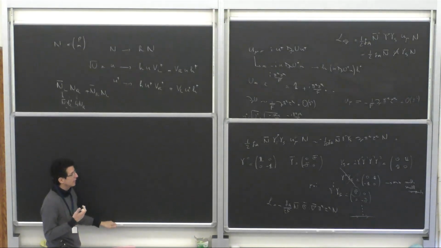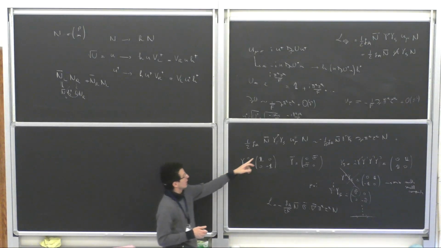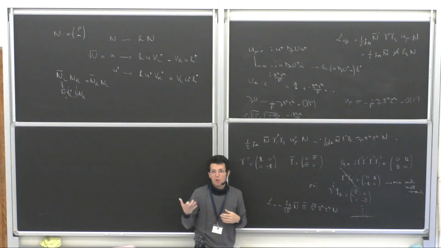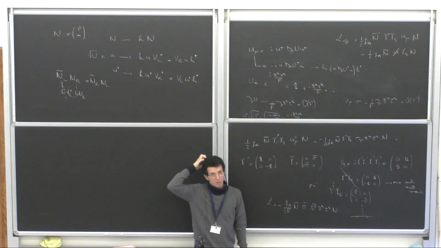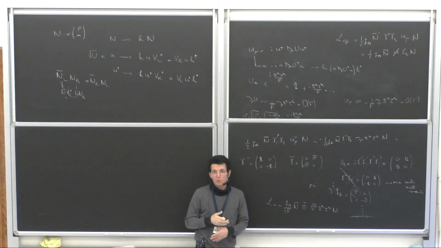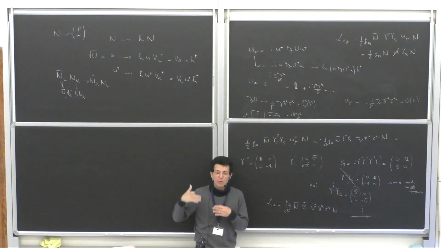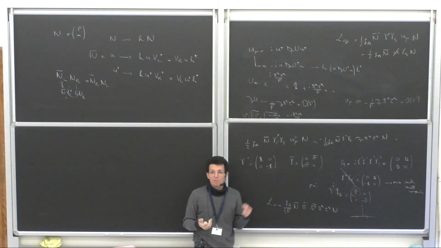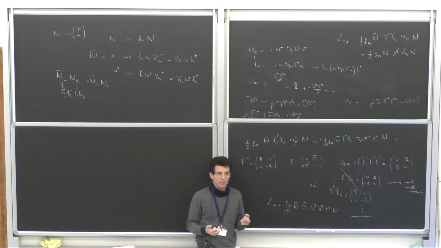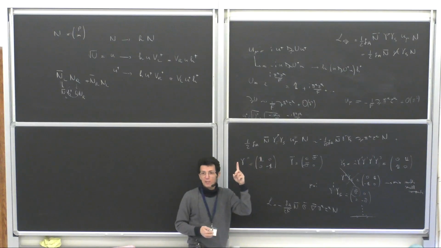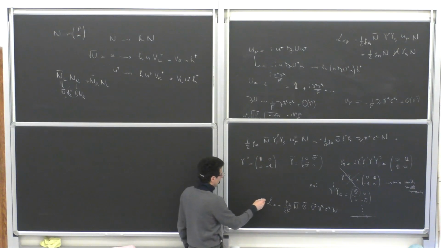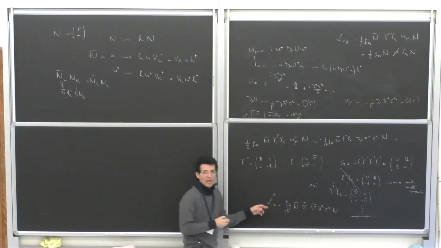Of course, adding more and more powers of these building blocks, we can construct more and more complex terms in the effective Lagrangian. There will be an infinity of them, but they will involve more derivatives, and then will be more suppressed. These terms only involve one derivative, so it is part of the Lagrangian, let's say, L1.